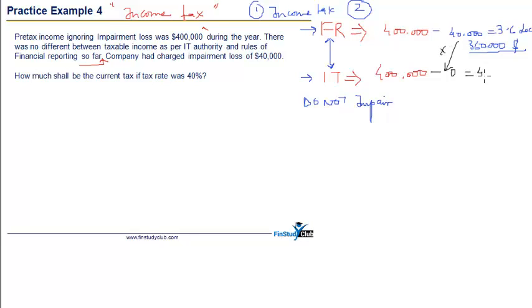So therefore, according to the income tax, your taxable income remains at 400,000, and the current tax, which is the tax to be paid to the government, will be 400,000 multiplied by 40%, 160. Whereas ideally, I would have wanted to pay a much lower tax on 360,000, but the rules of the income tax are that we do not recognize the impairment loss. So the answer to the question is the 160,000 shall be the current tax going forward.